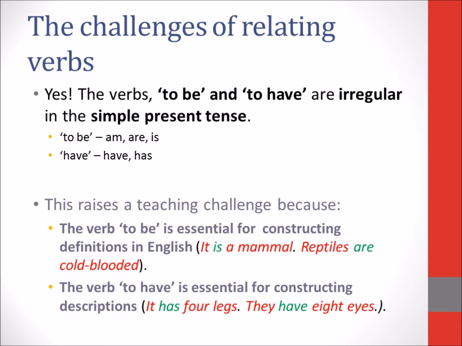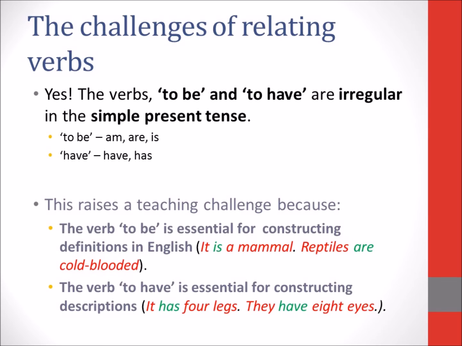The challenges of relating verbs is that they are irregular in the simple present tense. So when we're talking about to be, we can see that we use am, are, and is. When we use the word have, we have or has. So it really does raise a challenge for teaching, because what you need to do with students when you're constructing definitions is to use the relating verbs like is and are, and yet when you're talking about having, which is going to help you with descriptions, they're going to be using has and have.